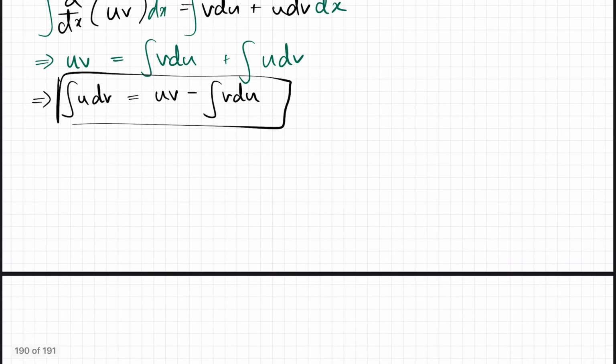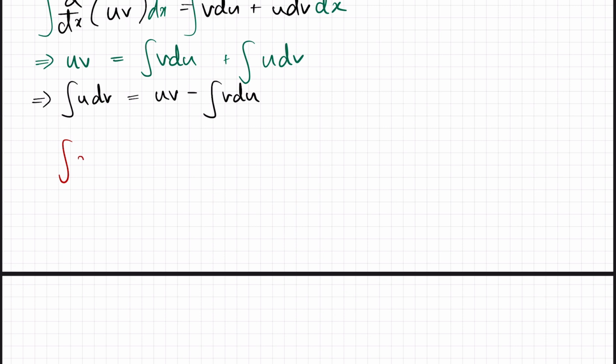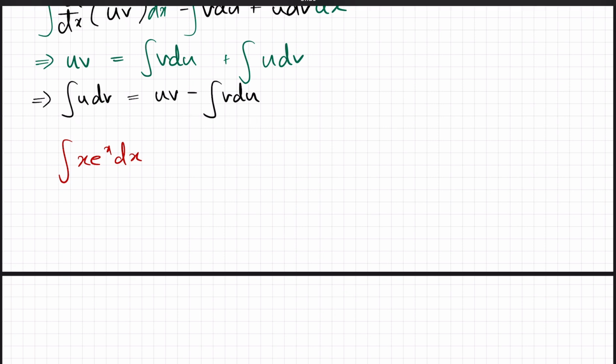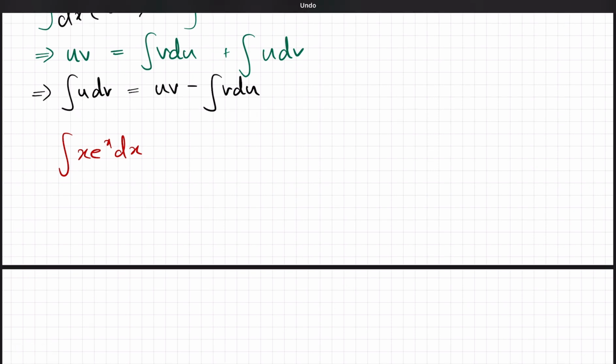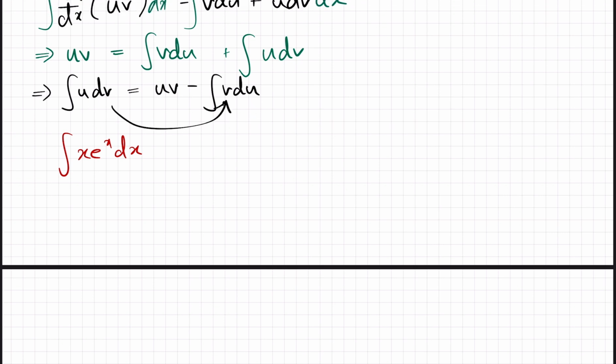It's pretty easy. Let's say we have an integral such as the integral of x e to the x dx. Using this formula, we need to find the derivative of u and the integral of dv.